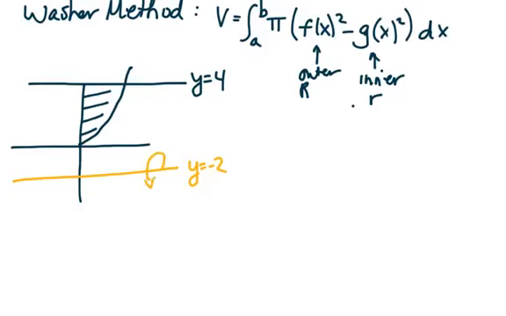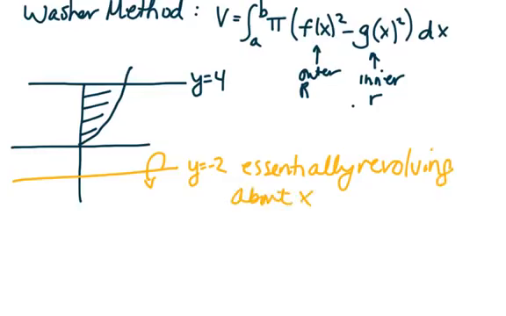So now we're essentially revolving about the x-axis, but we're shifted down 2 units. So we have to account for that shift in our radius.